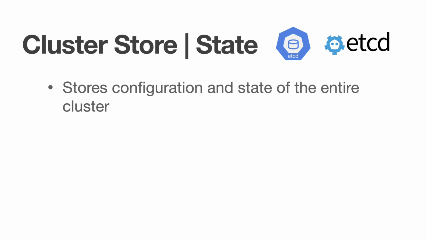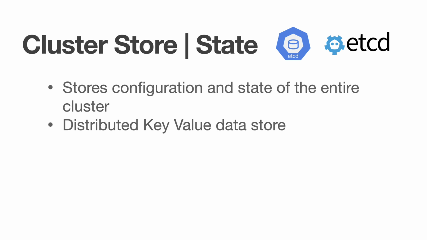Next, we have the cluster store, which contains all of the state for our application. So it stores the configuration and state. And currently Kubernetes uses etcd, which is a distributed key value data store. And etcd is the single source of truth. So it's our database, right? Like any other application that you build, the database contains the source of truth.